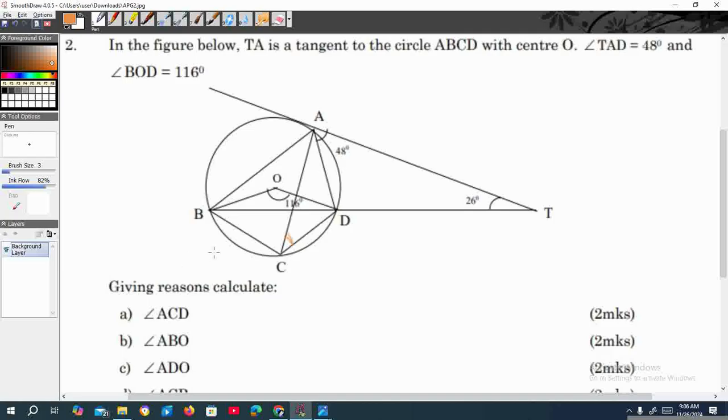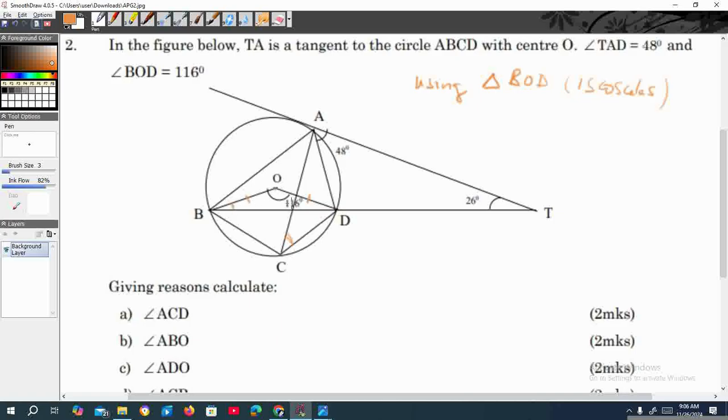Looking at triangle BOD, it is isosceles, because this will be the radius of the circle, and this will be the radius, because O is given as the center.